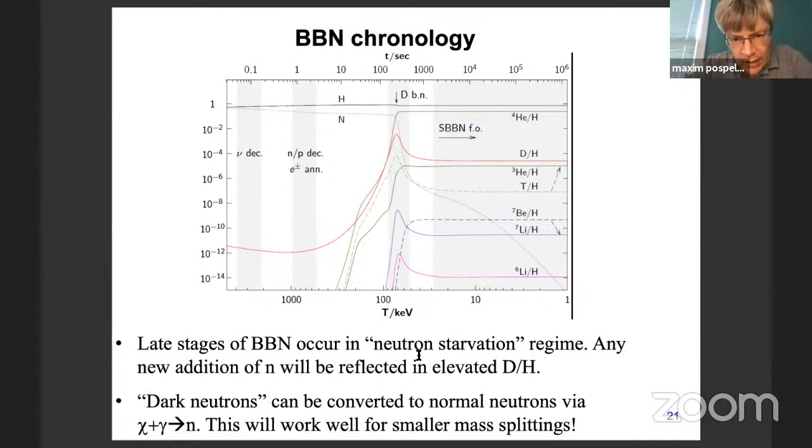One of the most important epochs is just under 1,000 kiloelectronvolts, where the deuteron bottleneck ends, and the neutrons are rapidly taken up by nuclear reactions. So at that point, the universe exists in the neutron starvation regime, and any new addition of neutrons will be felt by their incorporation in deuterium, which is now very tightly constrained by experiment and agrees between theory and experiment.